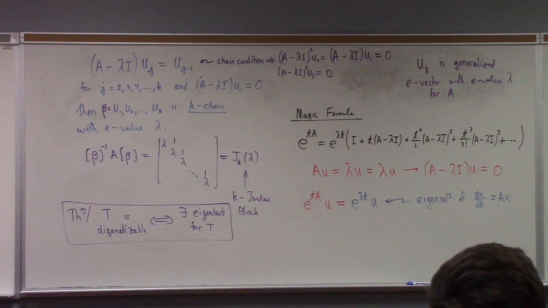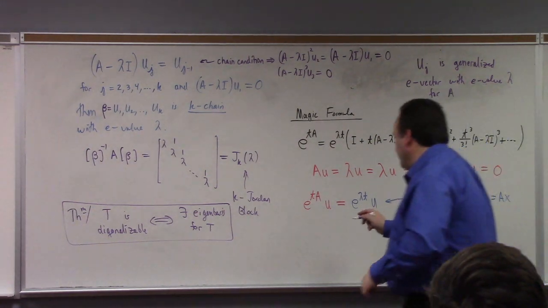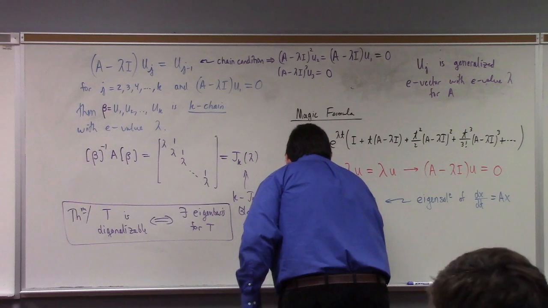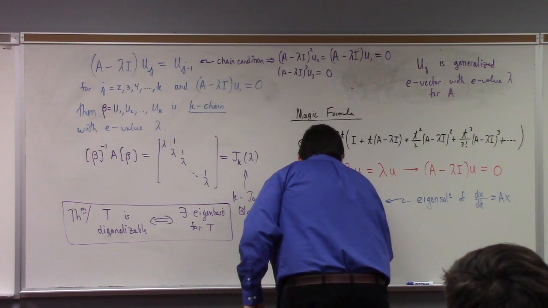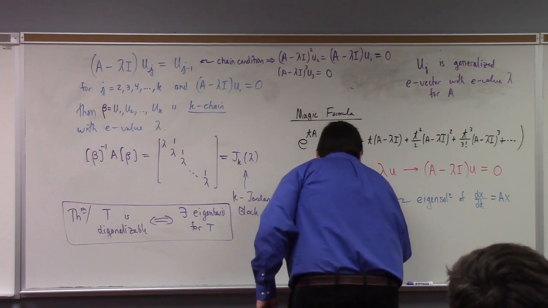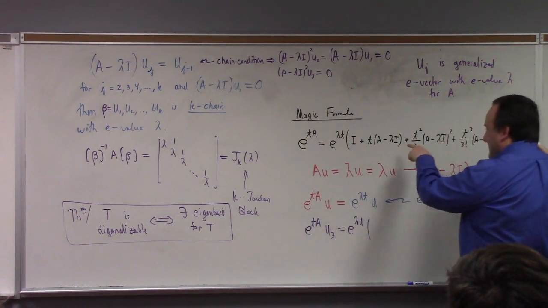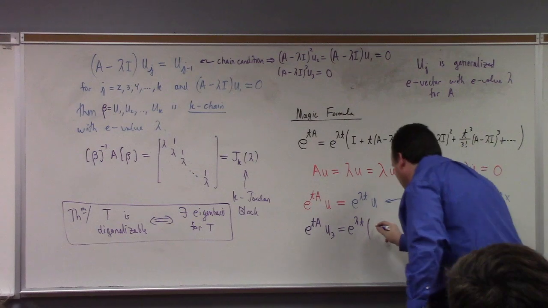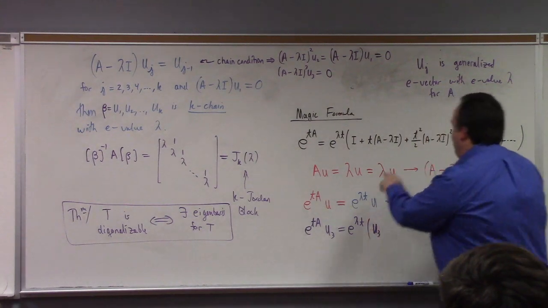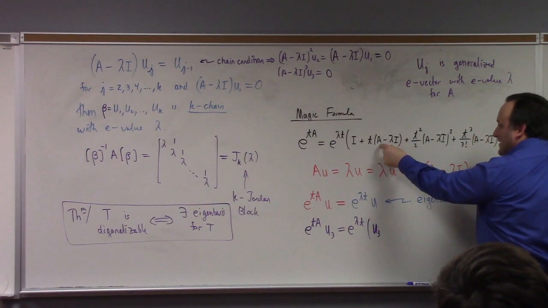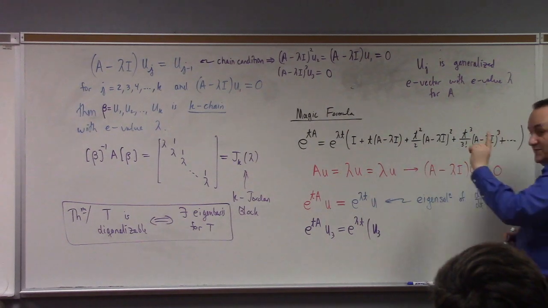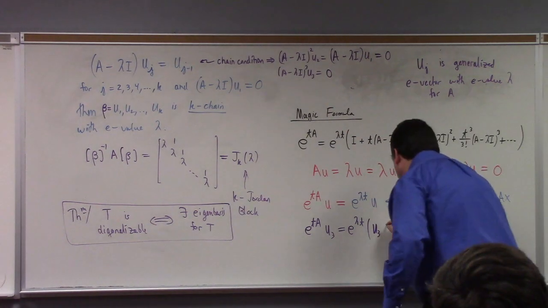Look at the magic formula. What happens with the chain condition? For example, let's do U3. What's e to the tA times U3? And I'll stop there. You guys have suffered enough. So e to the lambda t. See what happens when I hit U3 in through here? I get I times U3, which is U3. U3 times (A minus lambda I) gives me U2 plus t times U2.